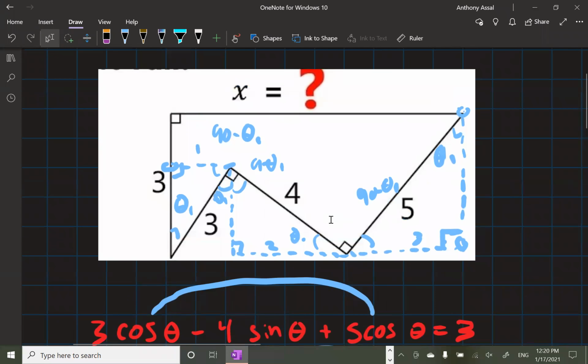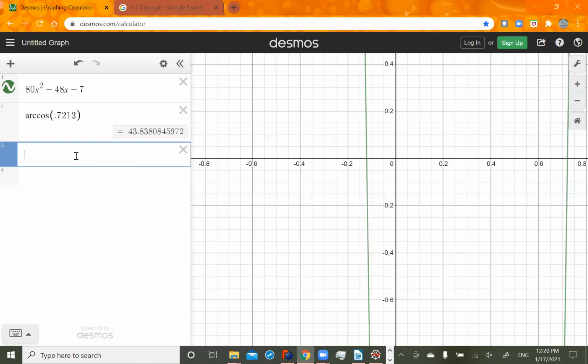So now, going back to this thing here. If I were to go for the length, then I would just flip everything. It would be sine of 3 times sine of angle 1, 4 times cosine of angle 1, 5 times sine of angle 1. So let's see what that looks like.